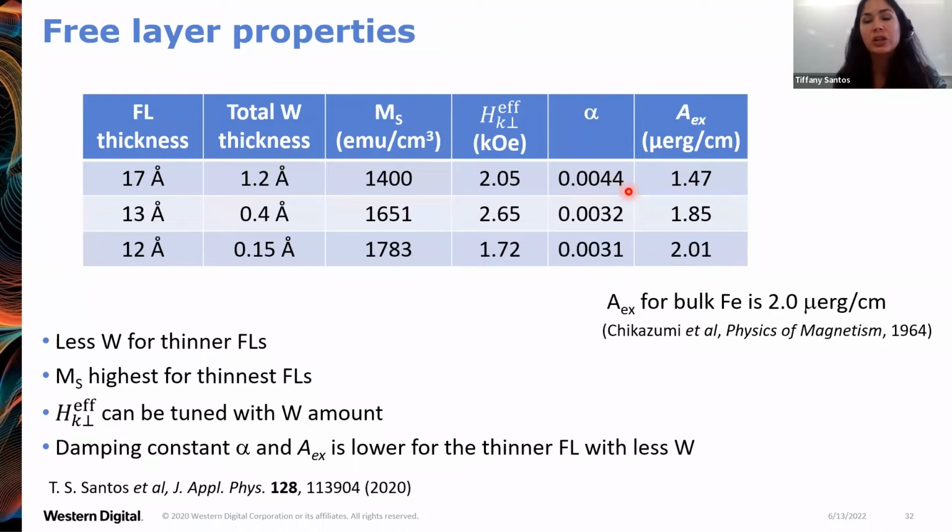So we started out with a low damping parameter, and by reducing tungsten, we're able to get it even lower. And then for the exchange stiffness, we find that it's really approaching what we know for bulk iron. So the quality of these free layers and the magnetic properties are very good, even though they've become quite thin.